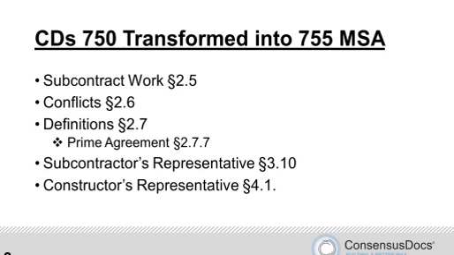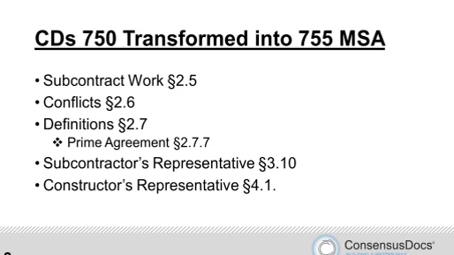So the 755 approach has similar language defining the subcontract work, but it accounts for the fact that the actual scope of work is ultimately going to be defined in the project work order. So there's a reference to the project work order. There's no specific scope of work document that comes with the master per se. It is ultimately Exhibit A in the project work order, which we'll get to in just a little bit here.